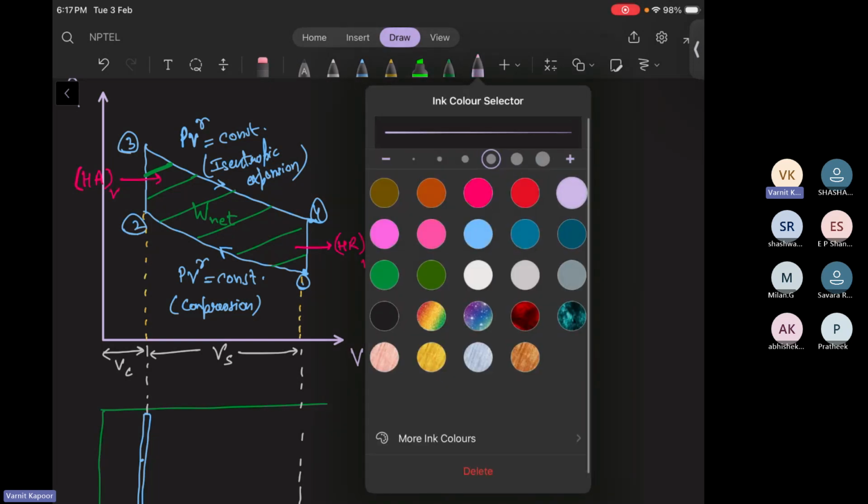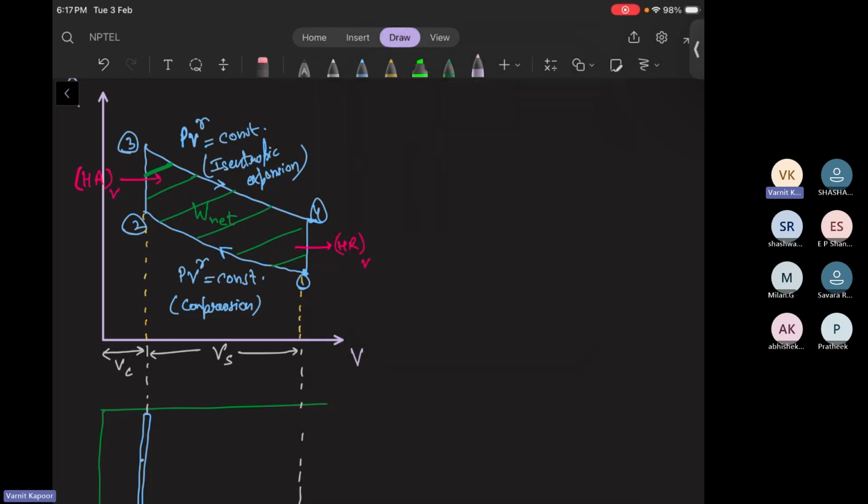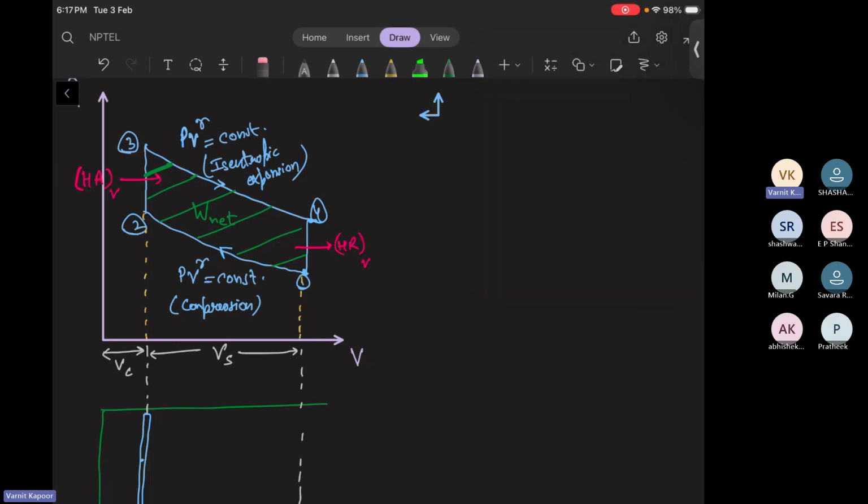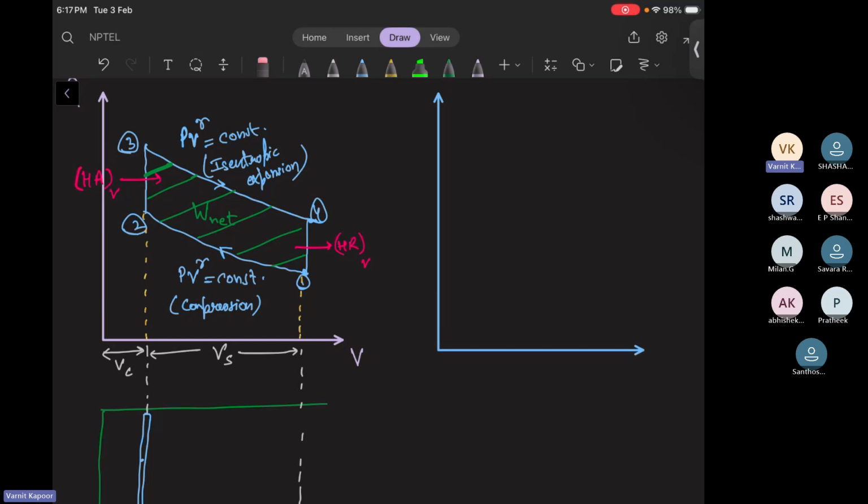temperature. So this is your temperature-entropy axis. So 1 to 2 was an isentropic compression.